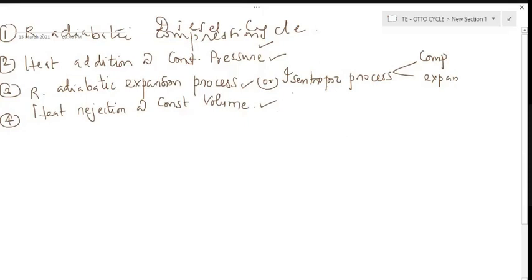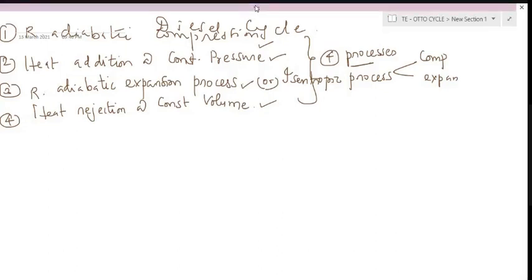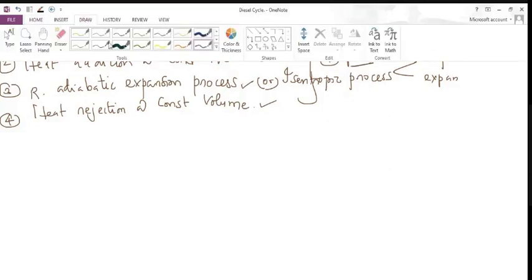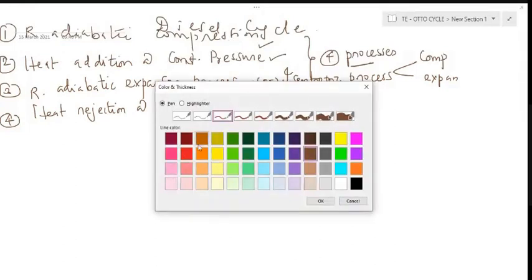So these are the four processes involved in a diesel cycle. Then we need to plot a PV diagram and a TS diagram for this cycle.